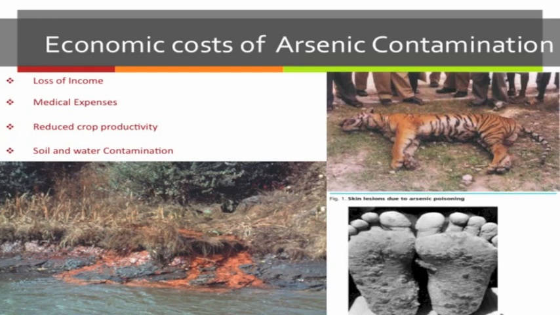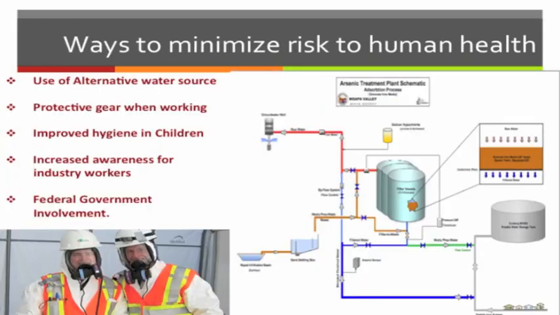The economic significance of arsenic toxicity includes loss of income, medical expenses to treat illness, reduced crop productivity, death of wildlife, and soil and water contamination. Arsenic contamination is of great concern in places where the majority of the population depend on groundwater for drinking, cooking, and irrigation.